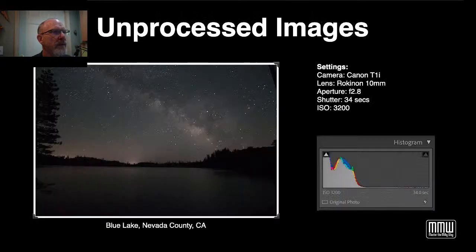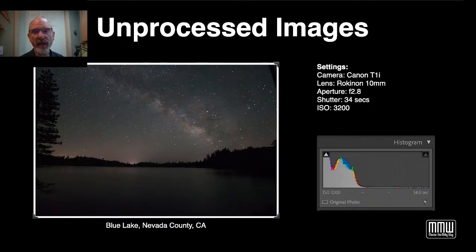Okay. So let's talk about what some good and bad images might look like. And again, I'm trying to equip you to get a good sense in the field of whether you're capturing good data. And so here's what an unprocessed image might look like. In fact, this is from the first night that I actually went out and took Milky Way pictures with my old Canon T1i.